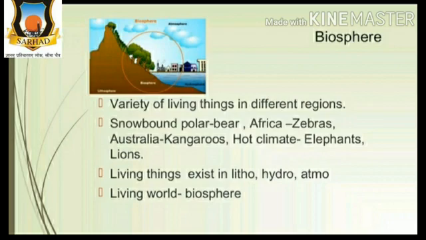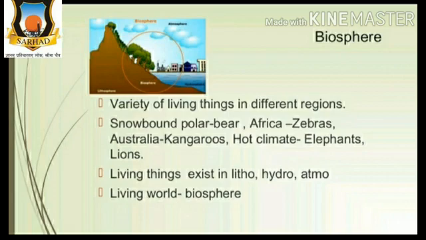We see a great variety in the living things that inhabit these different regions. The polar bear is seen only in the snow-bound polar regions. Zebras are found in Africa and kangaroos are found only in Australia.